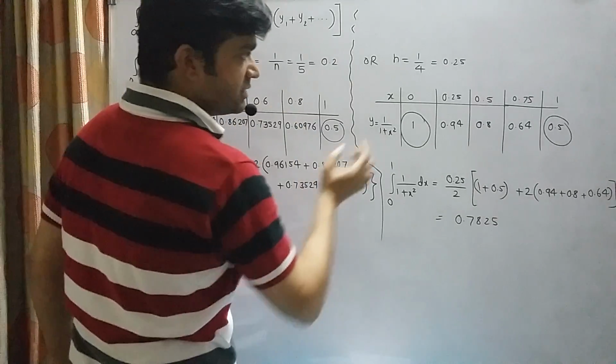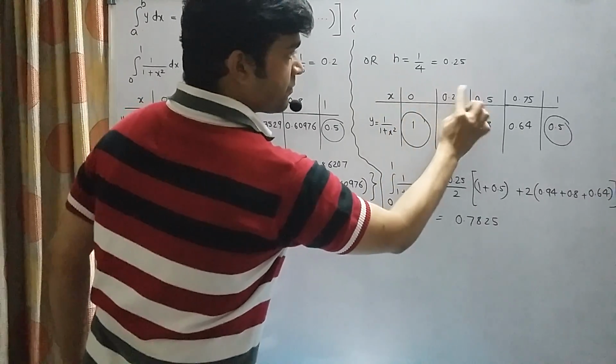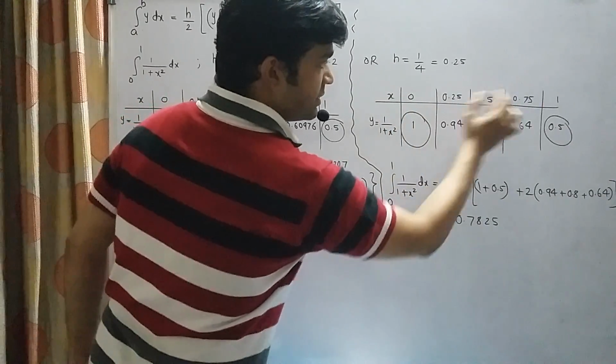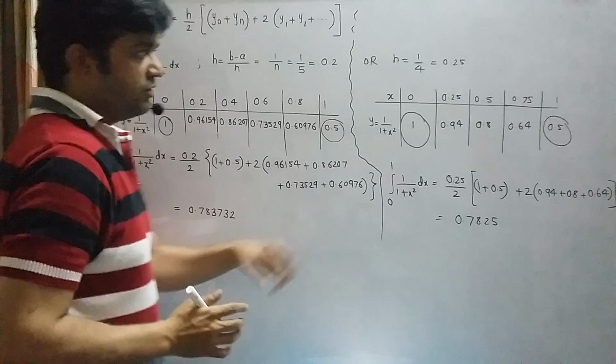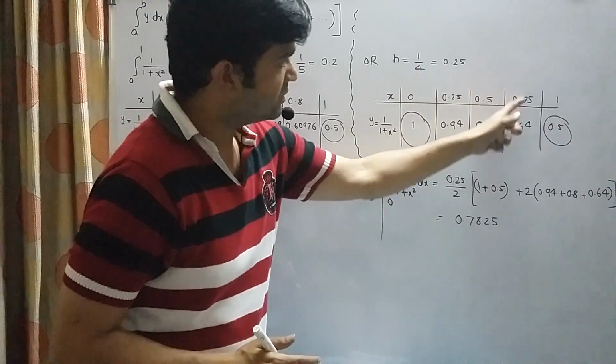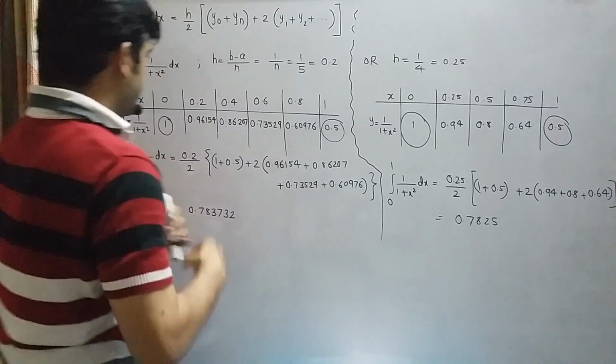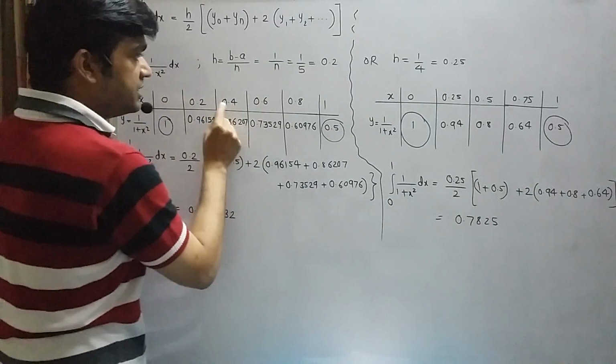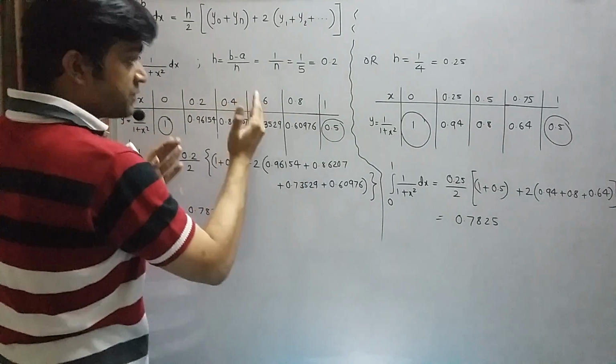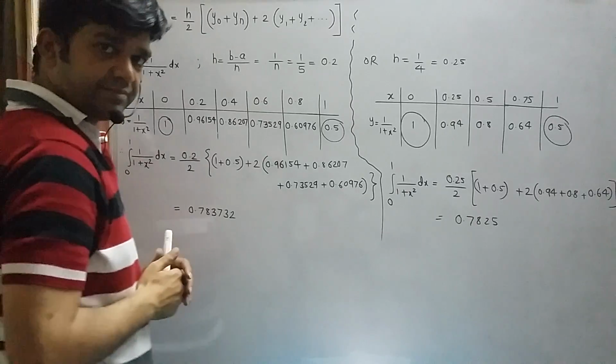And here how many subintervals are there? 1, this is second, this is third, and this is 4. When we have 4 subintervals, then we have total 5 entries. And when we have 5 subintervals, then we have total 6 entries.